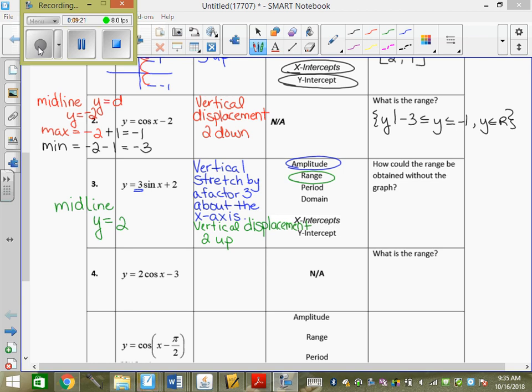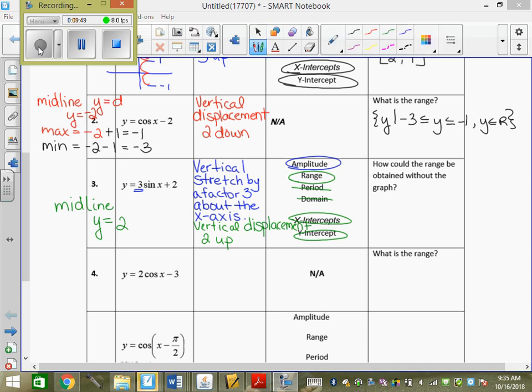Horizontal stretch. Did we get one? No. The domain doesn't change. Do our x-intercepts change? Yes. Actually, basically, anytime you get a transformation, except for a vertical stretch, it's going to move your x-intercept. And our y-intercept changes.